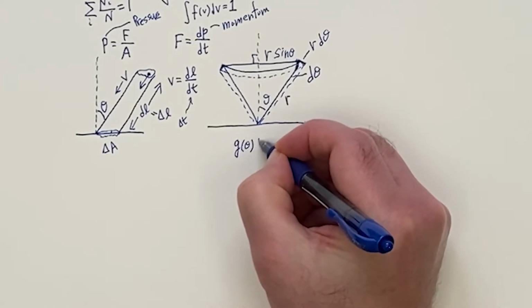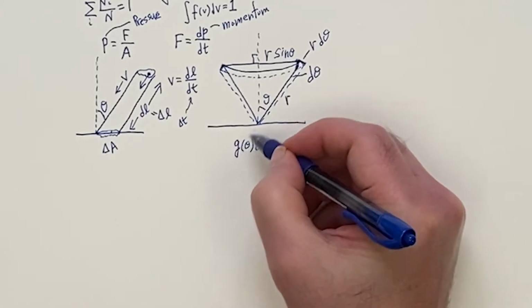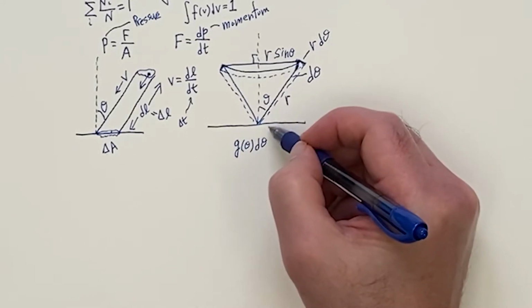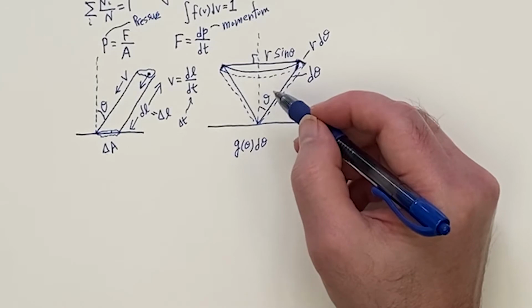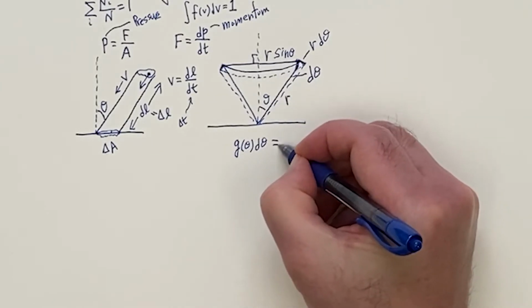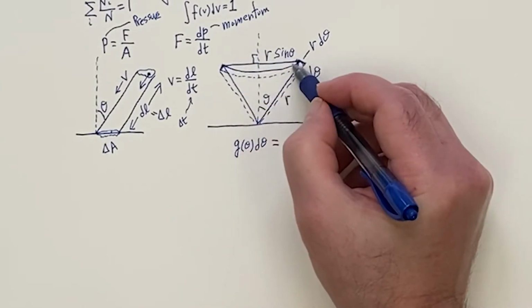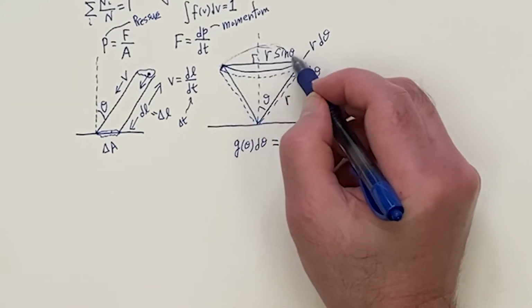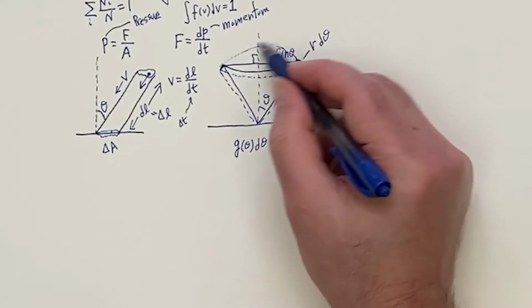So what we're looking at here is the probability distribution. I'll call it G, for the particles between theta and theta plus d theta, just like we did in the continuous case with the velocity. I'm going to look at this as a little ribbon strip that's going to whip around.